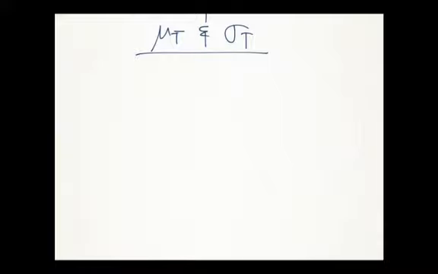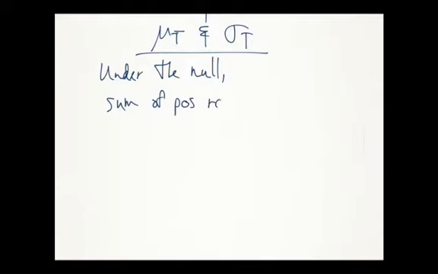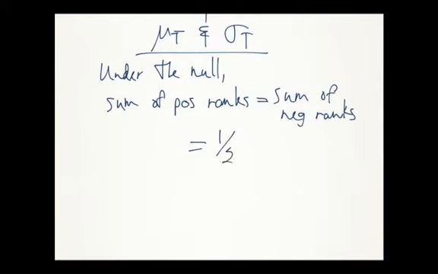So under the null, we would expect the sum of positive ranks to equal the sum of the negative ranks, and we would expect both of those to be equal to half of the total sum of ranks.